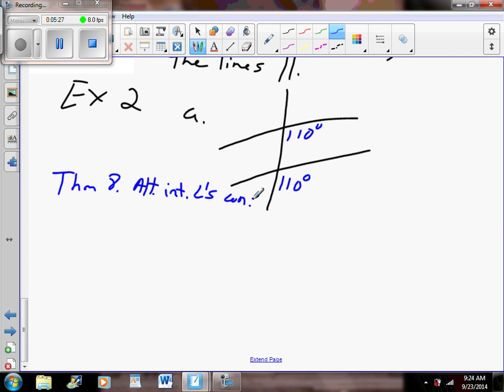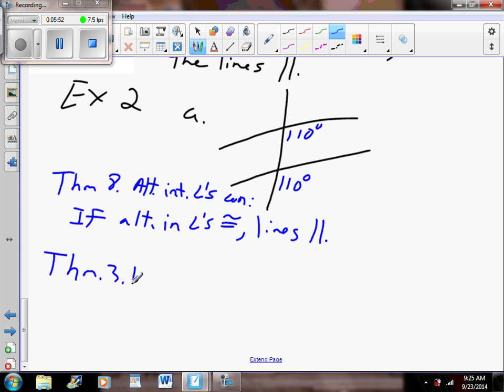So that's what all of these do. 3.9 is the alternate exterior angles converse. It works just like the alternate interior angles.